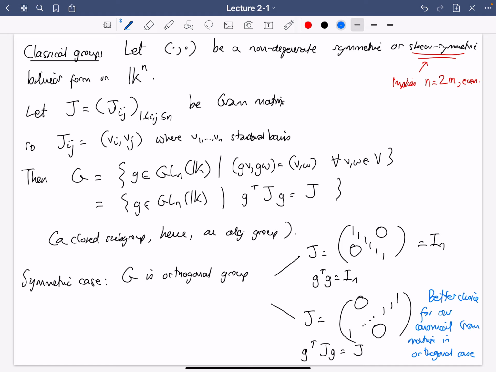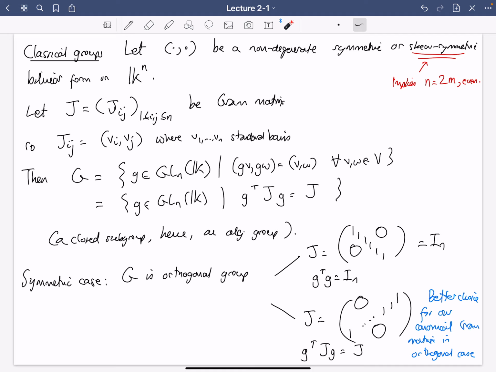Since we're over an algebraically closed field, all non-degenerate symmetric bilinear forms are equivalent up to change of basis, right? So normally you would pick the basis so that the gram matrix was just the identity matrix, and then you had an orthonormal basis.